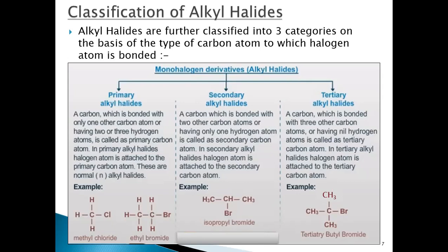Hence, a carbon which is bonded with 3 other carbon atoms or having nil hydrogen atoms is called a tertiary carbon atom. In tertiary alkyl halide, the halogen atom is attached to the tertiary carbon atom. Hence, tertiary butyl bromide is an example of tertiary alkyl halide. Now you can see that monohalogen derivatives are of 3 types: primary alkyl halide, secondary alkyl halide and tertiary alkyl halide.